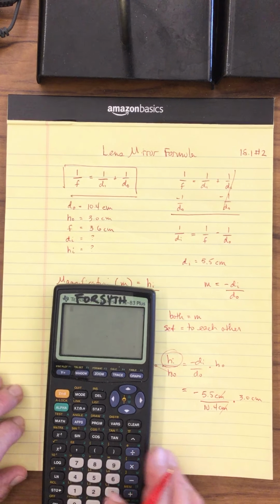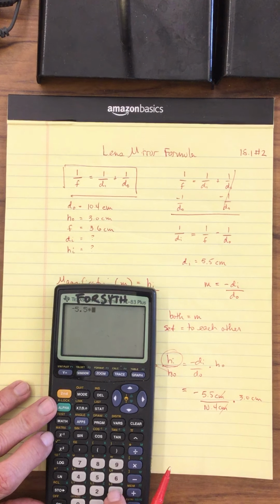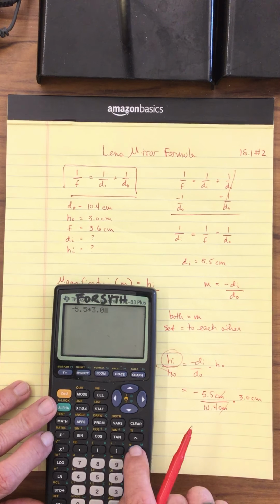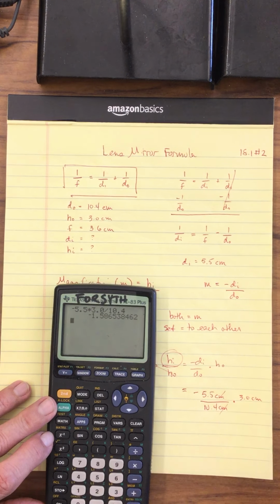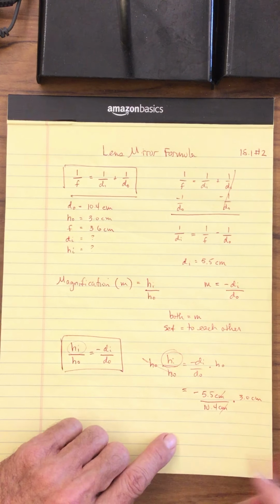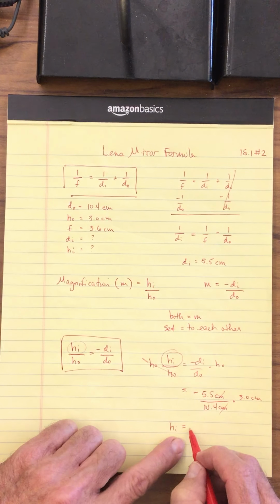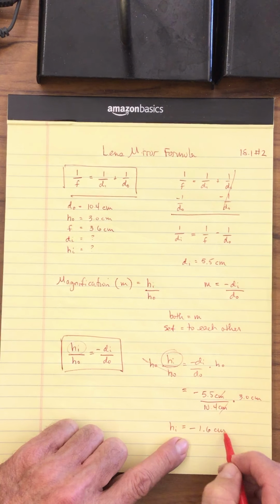So when we multiply negative 5.5 times 3.0 divided by 10.4, this gives us negative 1.6. So the height of my image is negative 1.6 centimeters.